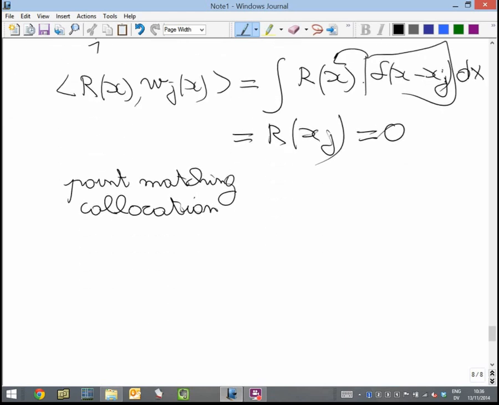What are other things you could do for your choice of weighting function? Well, you could ask that my weighting function is not equal to my basis function, but rather my linear operator operating upon my basis function.